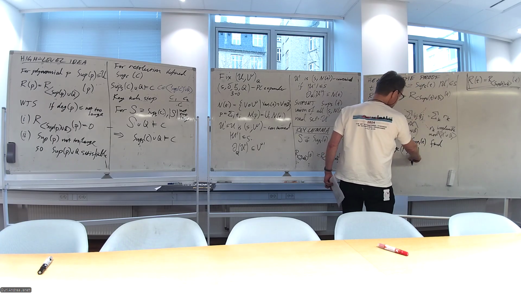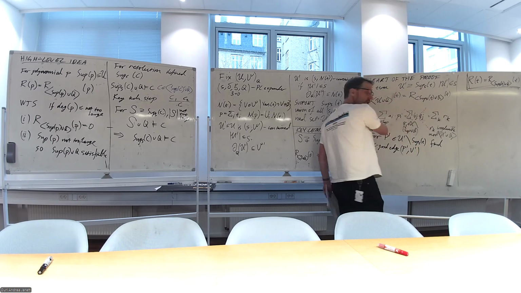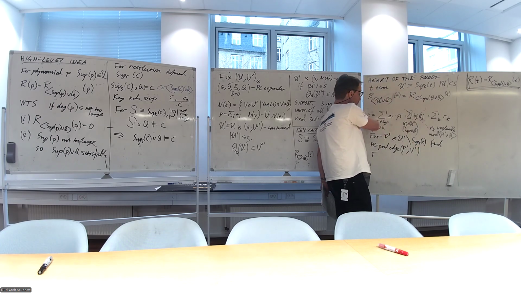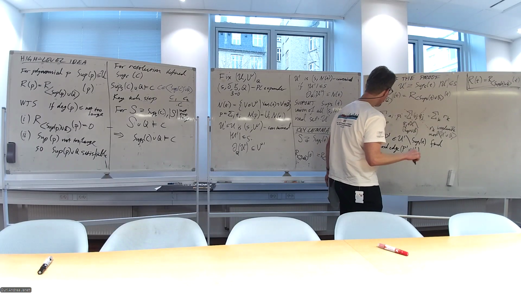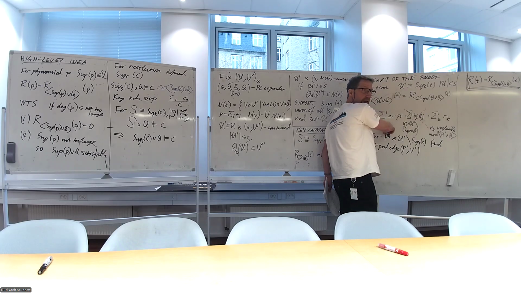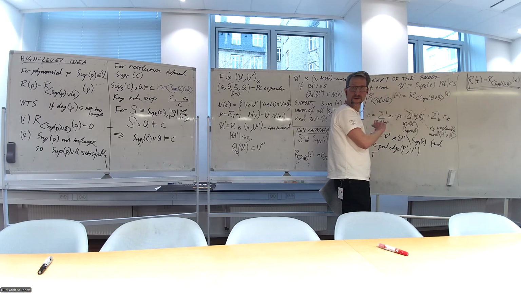And now, note, what can I say about V prime? All of these V primes, they're not going to be in the neighborhood of T, right? And in fact, they're not even going to be in the neighborhood of the support. Because if they were in the neighborhood of the support, they wouldn't be unique neighbors.